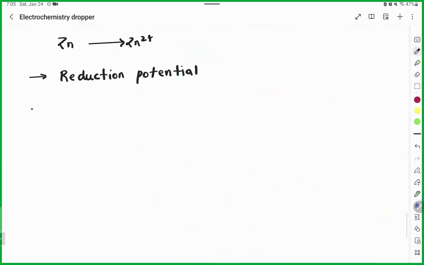If you want to correlate reduction potential with oxidation potential, what will be the relation?